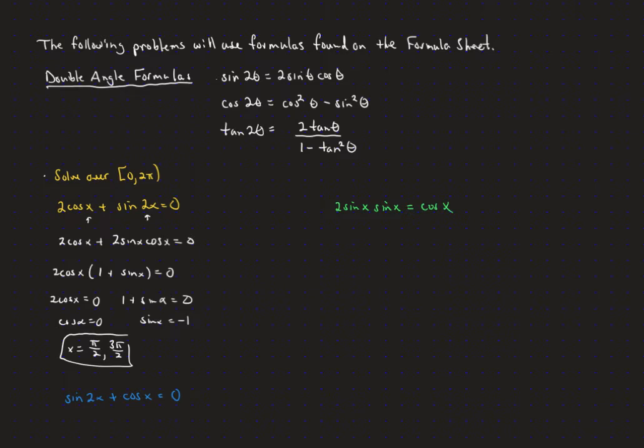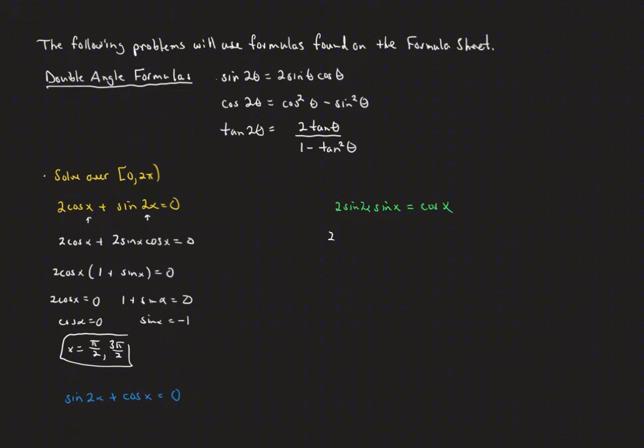Now, on the green, we're kind of going the other way. On this one, I wrote that down wrong. Let me fix that. It's supposed to be a 2x right there. So now, like we saw before, we can replace our 2 sine x.